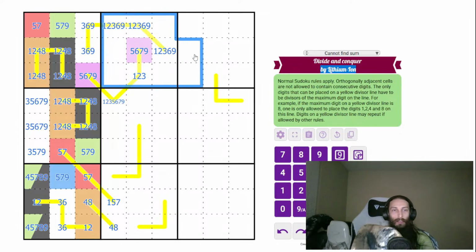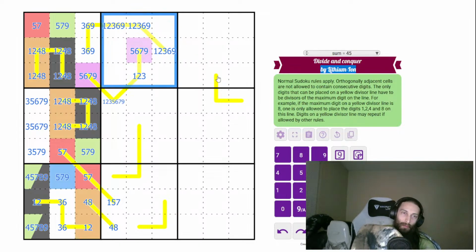There's red in this box. It can't be there, and it can't be there, and it can't be there, because purple isn't red. It can't be here, because it can't be 5 or 7.